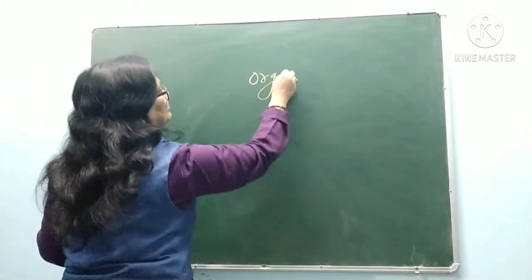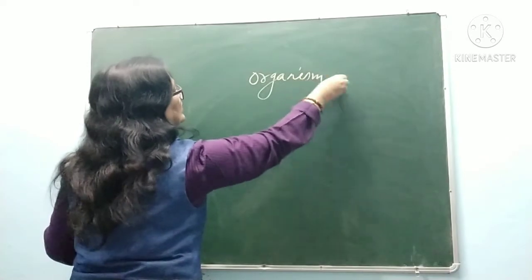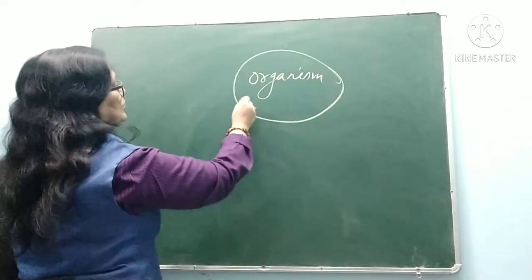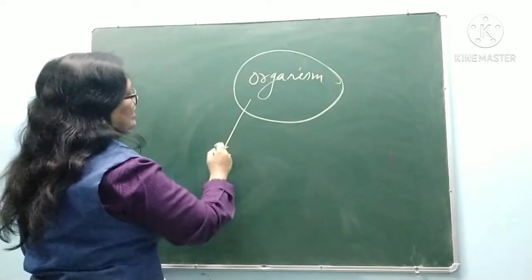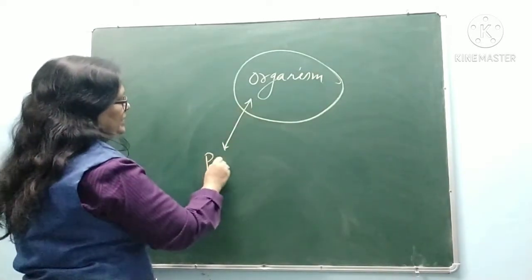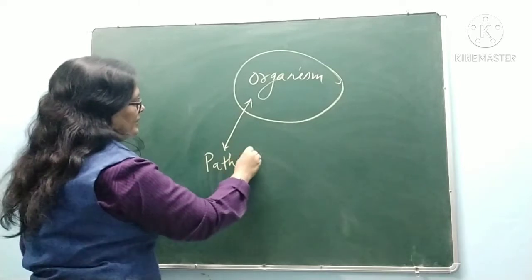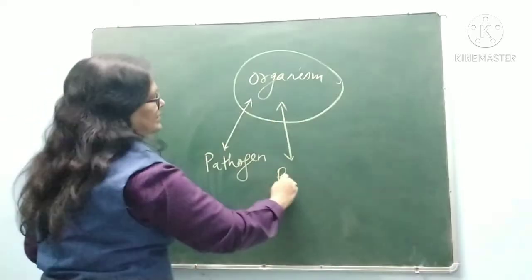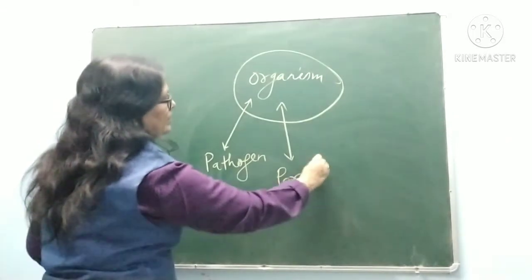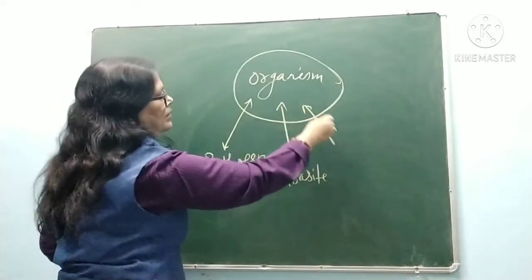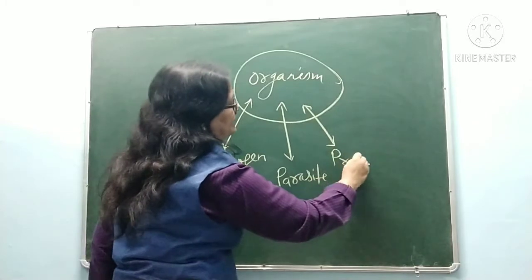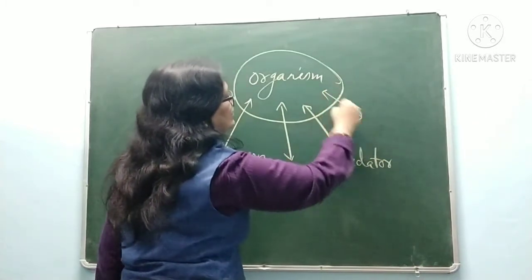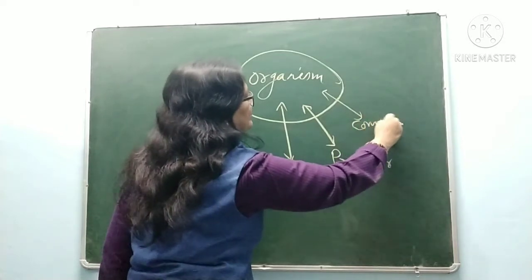An organism has to get affected by pathogen, parasite, predator, and competitor.